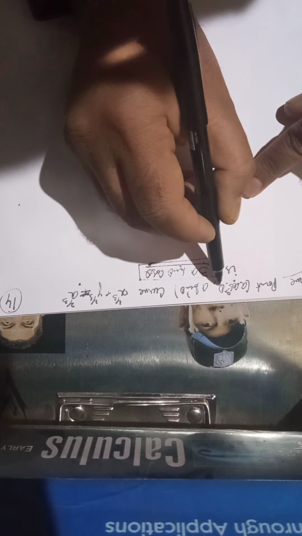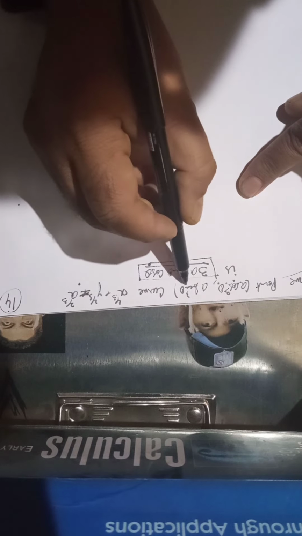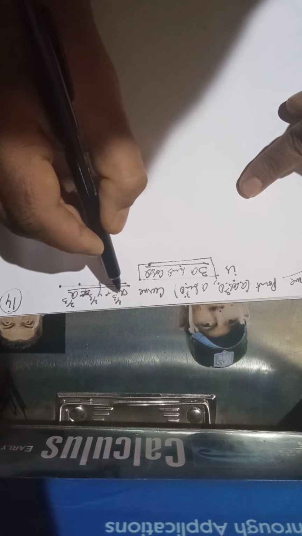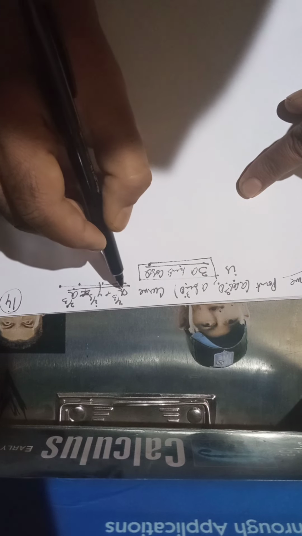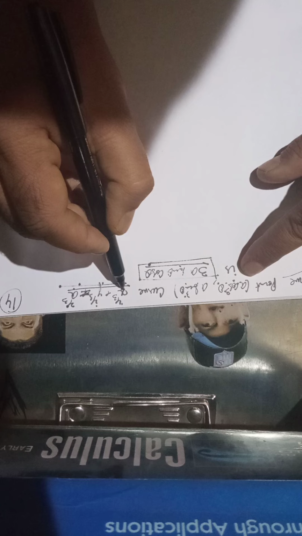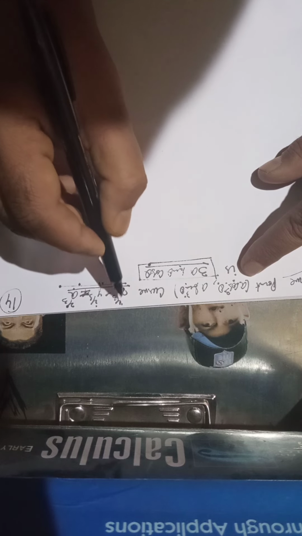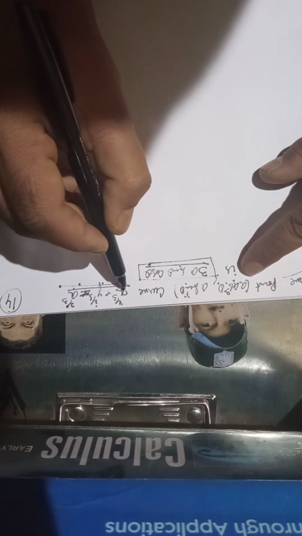You can see that if you put x equal to a cos³ θ and y equal to a sin³ θ, this will always satisfy this equation. You will always get x^(2/3) + y^(2/3) = a^(2/3). Let me show this.